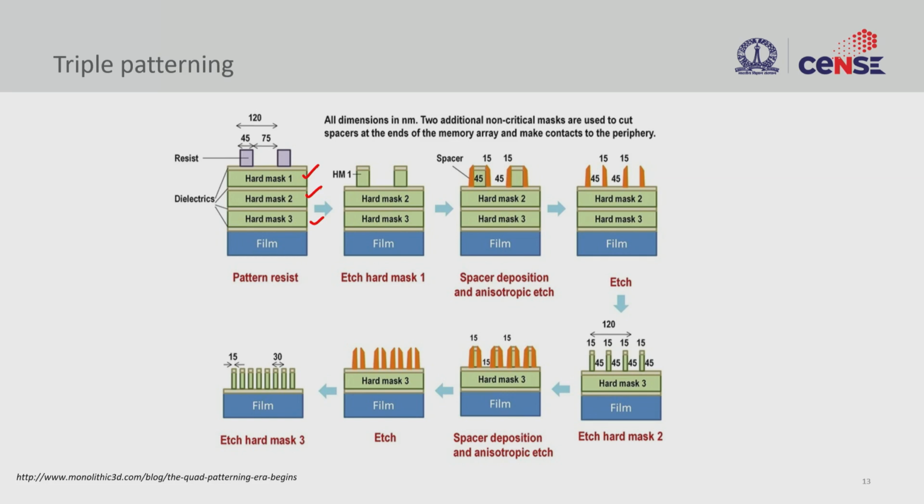We go from mask layer 1, hard mask 2, hard mask 3, so that you get the best of these layers and then you improve the resolution here. So you take this 75 nanometer pattern and then make it into 15 nanometer pattern, right. So this is the improvement that one can get by using this sort of double patterning and triple patterning.